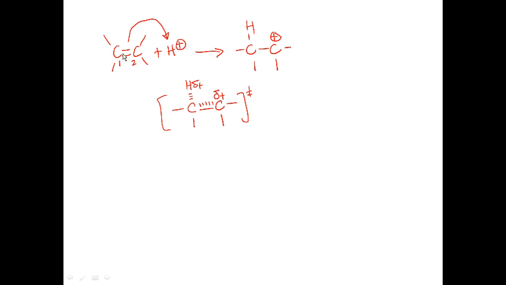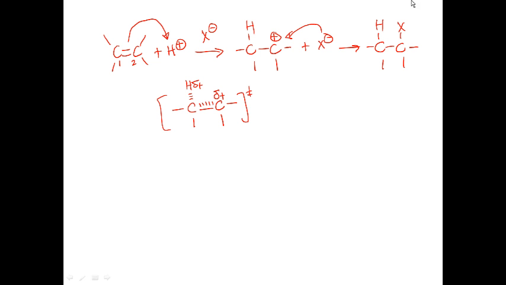So when I add H plus to a double bond, I make a carbocation. And then if I'm reacting, let's say HX, and HX could be HCl, HBr, HI, etc., then that nucleophile, that halogen atom, is simply going to come in and add to that carbocation, so that now I've added my H and my X atom across the double bond.